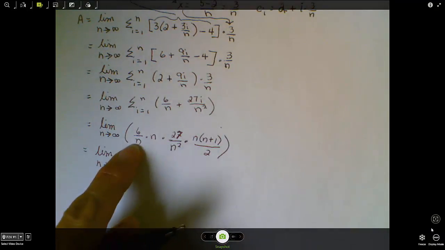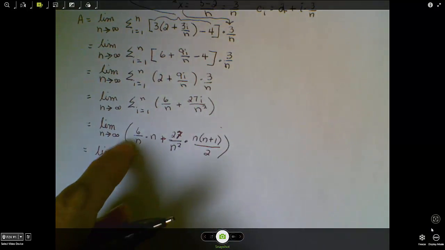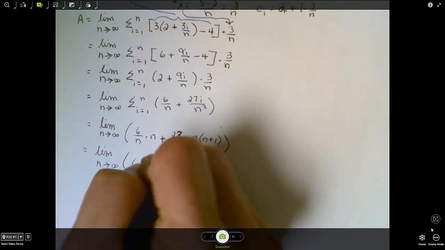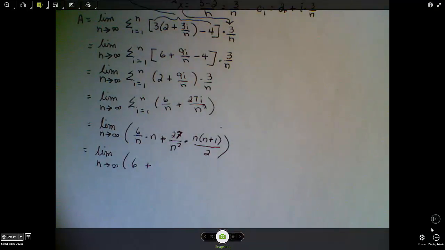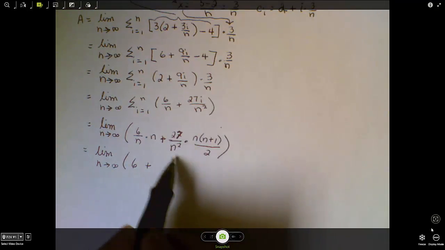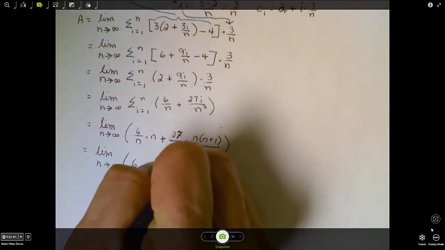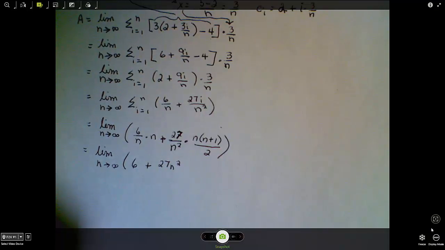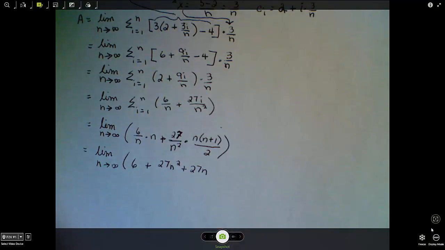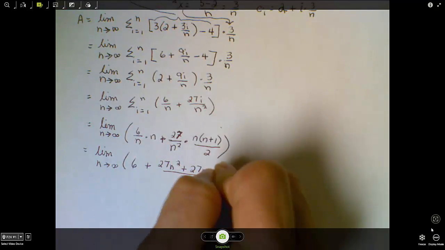6 over n times n, that's supposed to be a plus right there. 6 over n times n is just 6. And if I distribute this 27n so that I can write that as a single fraction, it will be 27n squared plus 27n over 2n squared.